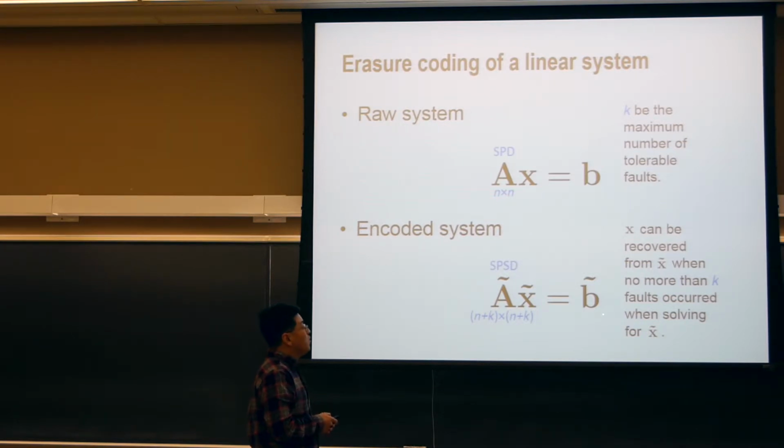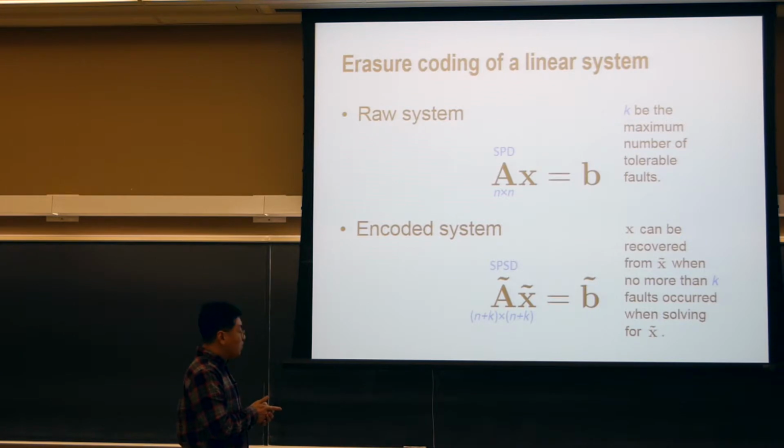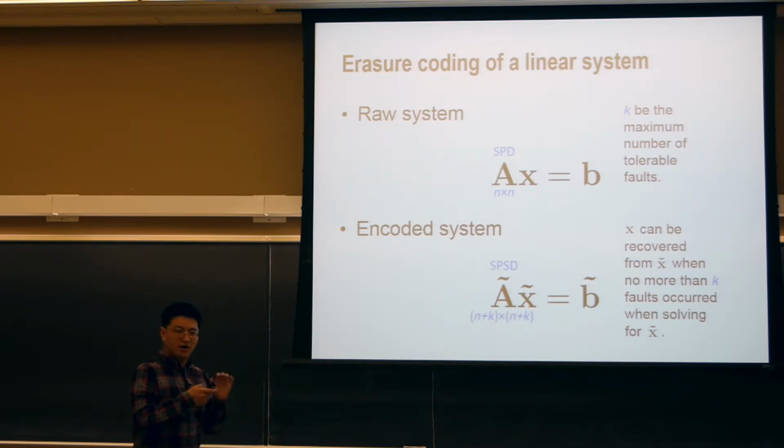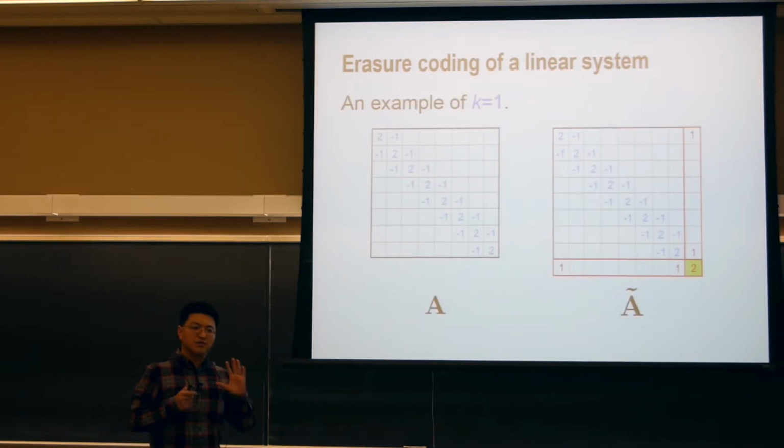The idea is that whenever faults occur when we solve this encoded system, we can forget about the faults, and in the end we can still extract the solution, and then decode the solution to the raw system from the solution we acquired when we solved the encoded system, fault obliviously. So before we describe the encoding scheme in detail, let's take a look at an example.